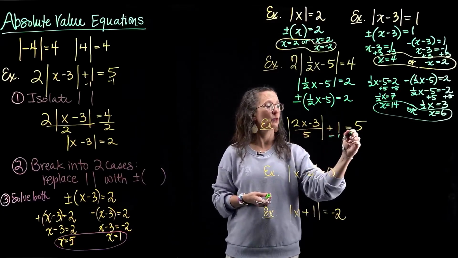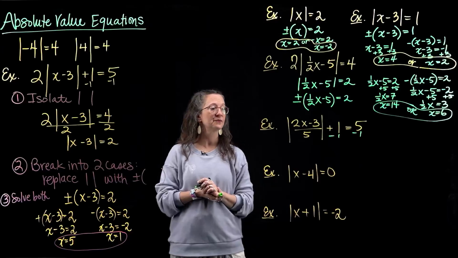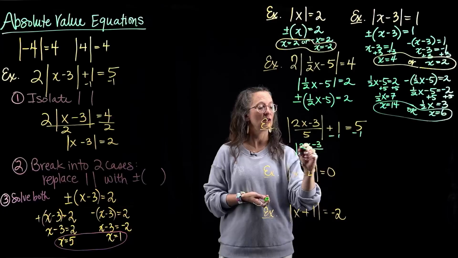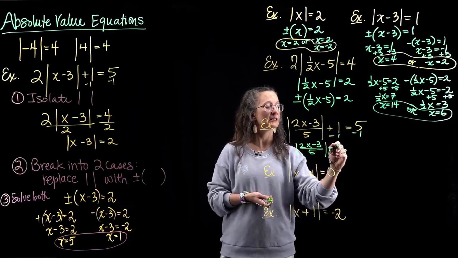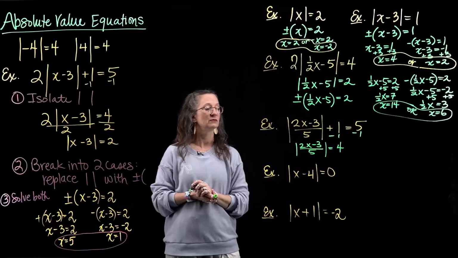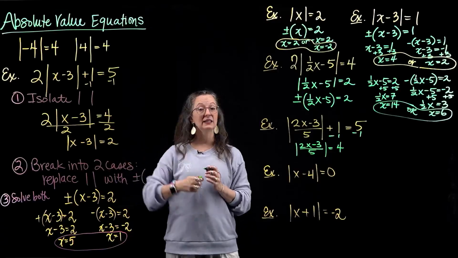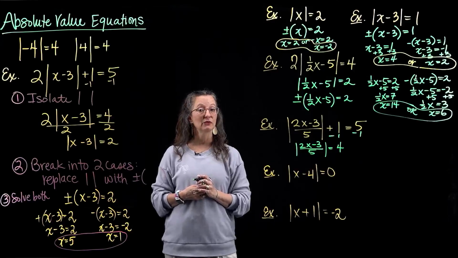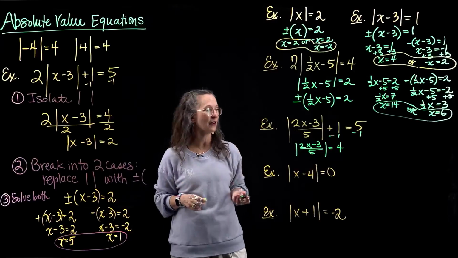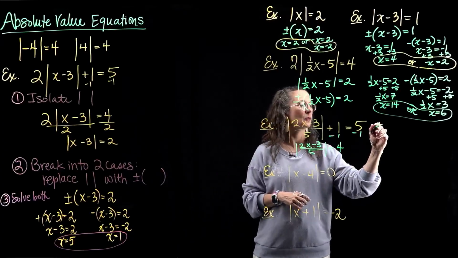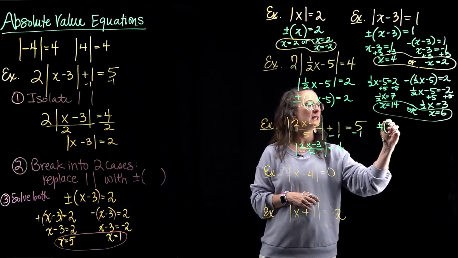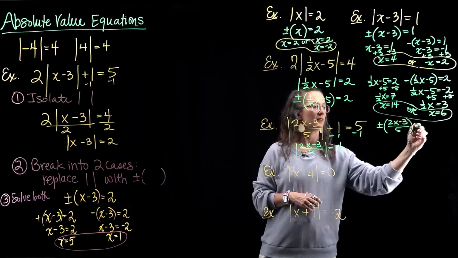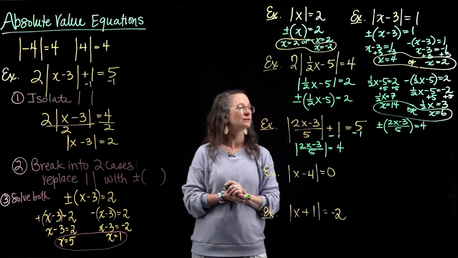So I'll subtract 1 from both sides, and I get absolute value of 2x minus 3 over 5 is equal to 4. Now we're going to break into two cases. So we'll replace that absolute value with positive and negative of parentheses, 2x minus 3 divided by 5 is equal to 4.